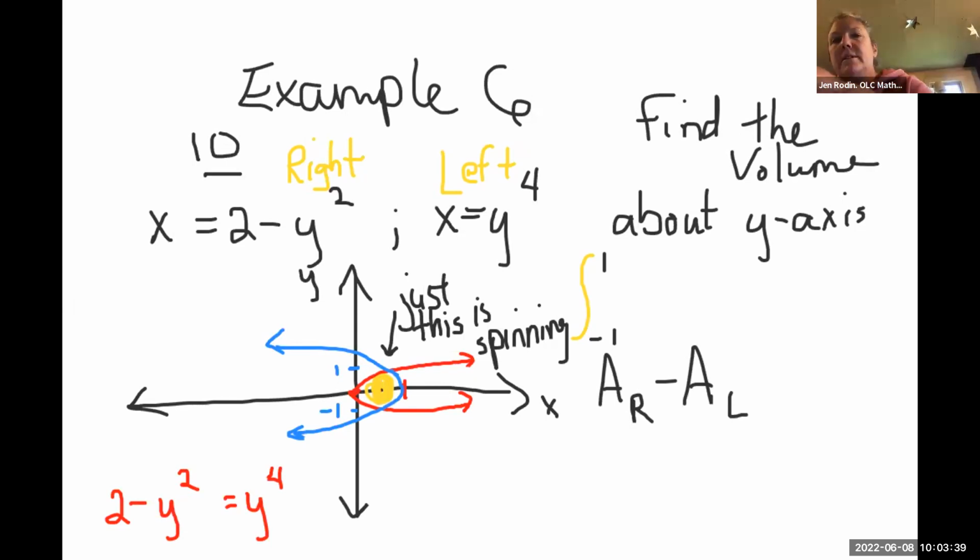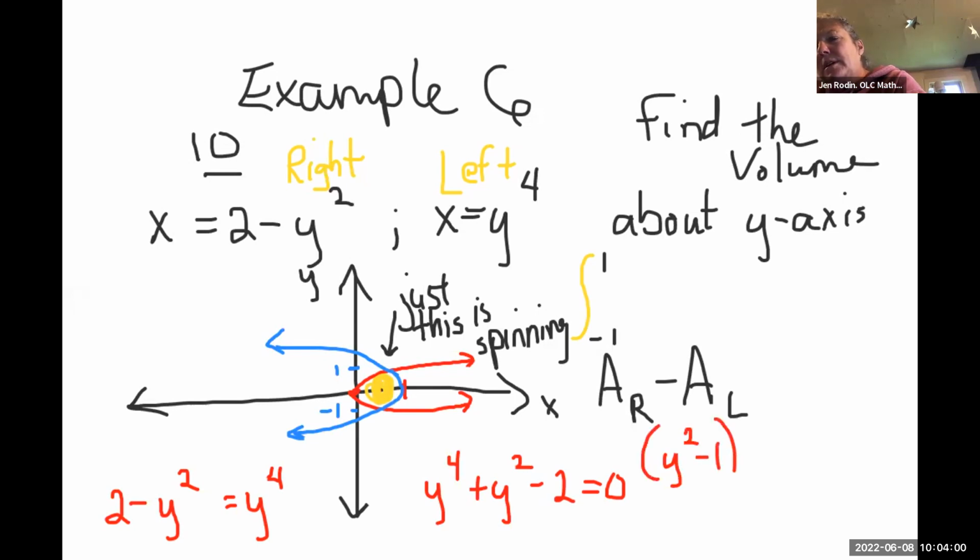So if we get everything to one side, y to the fourth plus y squared minus 2, then we factor it. So this is if you don't have graphing software and you're just freewheeling it. It'd be y squared plus 1, wouldn't it? Oh, plus 2. 2 times -1 is -2. 2 minus 1 is +1. Yep.